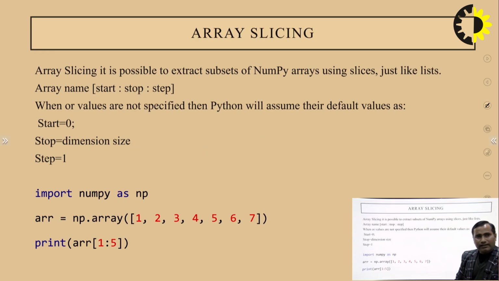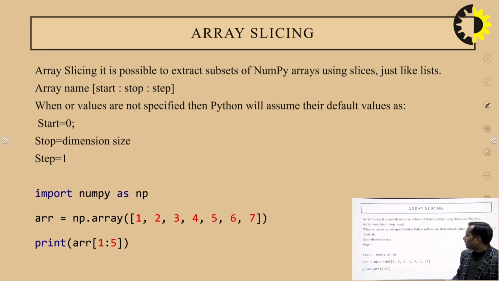So when we have created these arrays, how can we access the individual elements or parts of the arrays? We can use indexing or slicing techniques. Array slicing is used to extract a subset of NumPy arrays, and array indexing can be used to access the individual elements of the array.